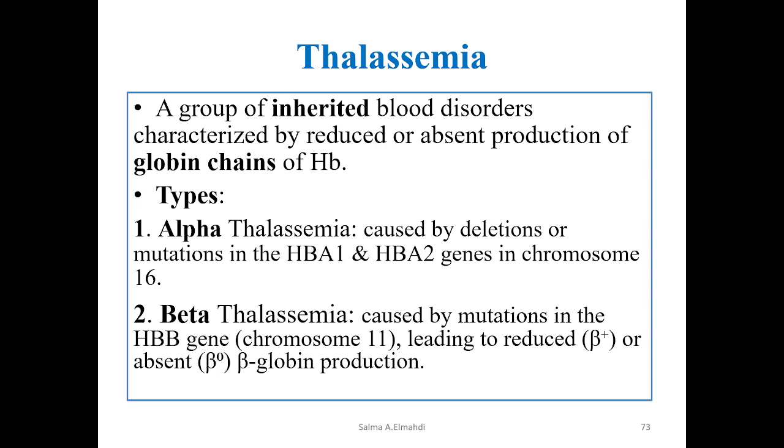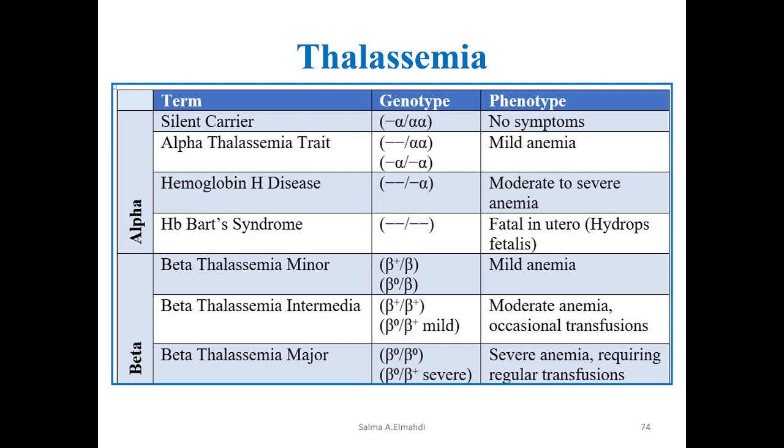alpha chains of hemoglobin, or it could be a beta thalassemia with mutations in the hemoglobin B gene, which cause for the beta chain of hemoglobin. Alpha thalassemia can be a silent carrier where alpha is affected without any symptom, and can proceed in severity up to loss of all four chains, which will result in a serious condition of hydrops fetalis with death in utero.